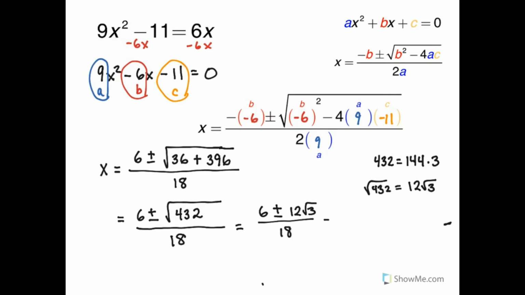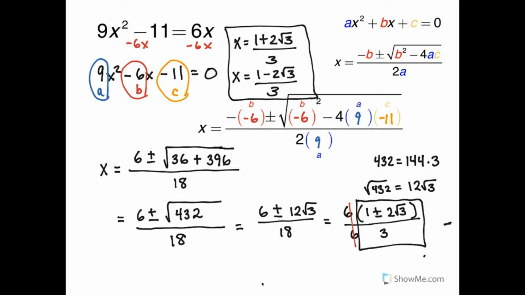Now 6, 12, and 18 all have factors of 6. So I'm going to factor out 6, which gives me 1 plus or minus 2 root 3 on the top, and factor out 6 from 18 gives me a 3. The 6's cancel, and so finally I have the final solution here, 1 plus or minus 2 root 3 over 3. Wow! Two solutions, one has a plus and one has a minus.